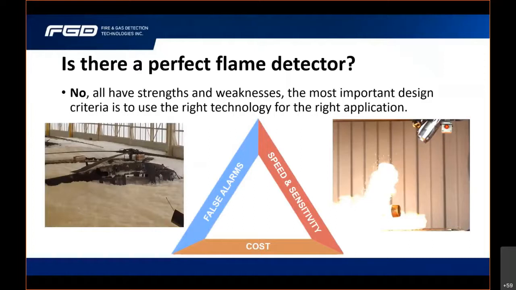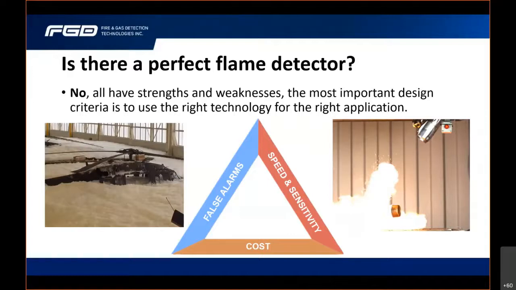We still have to match the needs of the application, understanding whatever sources of false alarm might be present, the desensitizing factors that may be present, understanding the speed of response that's needed, and then on top of everything, we have to understand what is the risk, or what is it we're trying to protect, because false alarms are very, very expensive, and it's important that we're able to ensure we capture the fire and not have false alarms, and that always has to be driven by a cost.